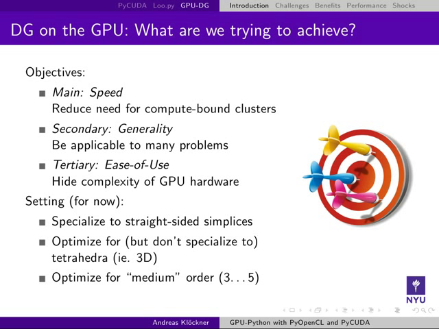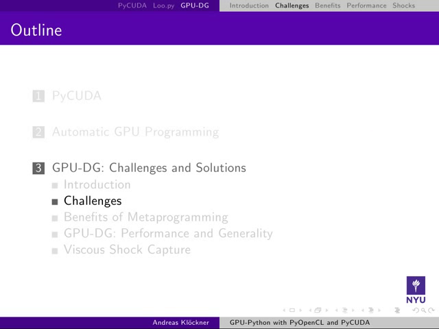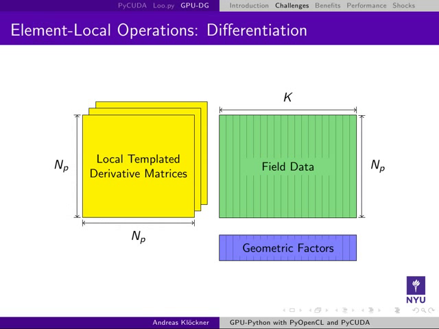Right. Okay. Then what makes this business hard? Well, we have basically two per-element matrix vector products that dominate the asymptotic runtime. What do those look like? We have 3 matrices that carry out differentiation along the element-aligned axes, and we have a bunch of field data.